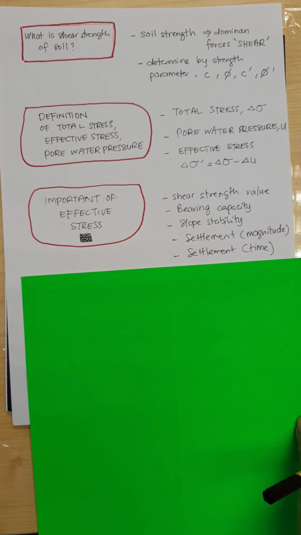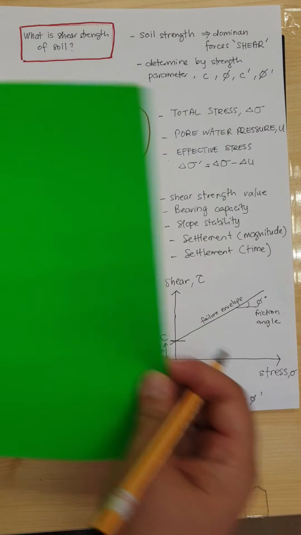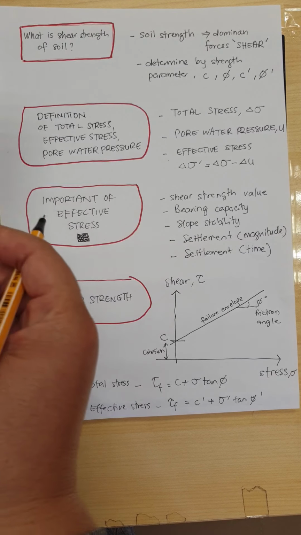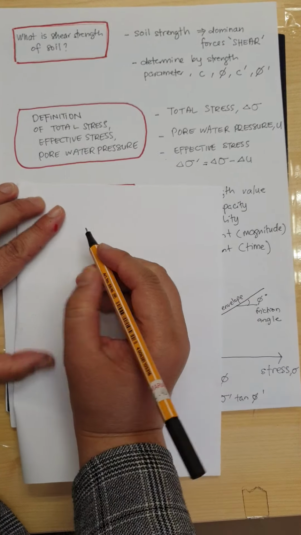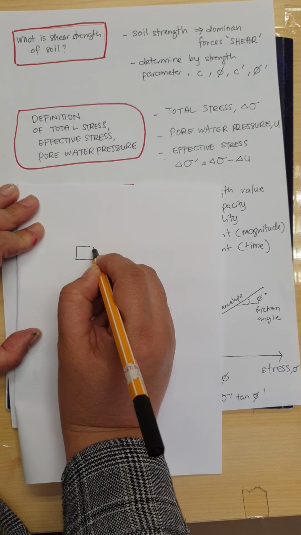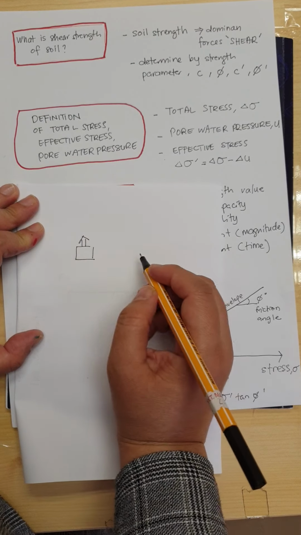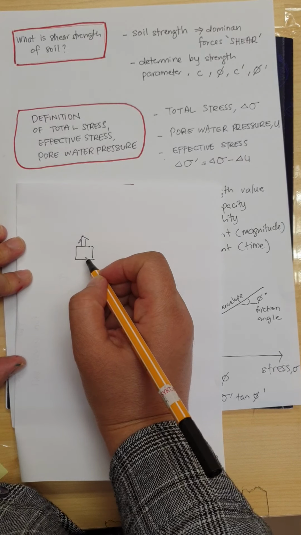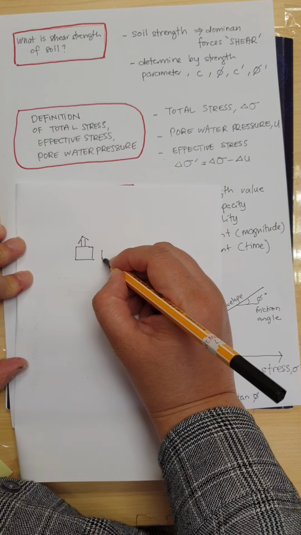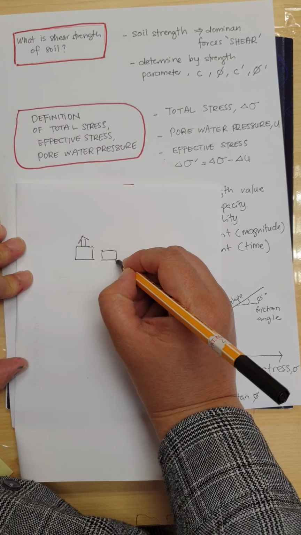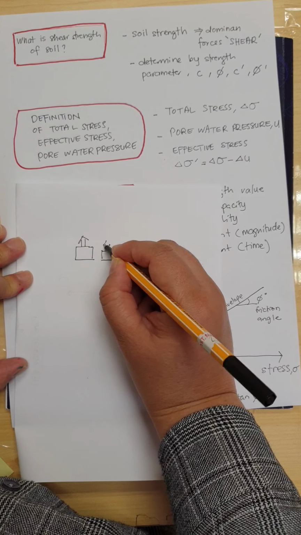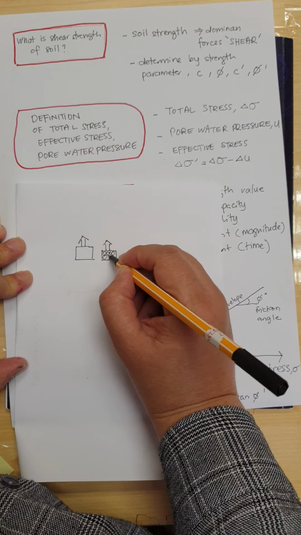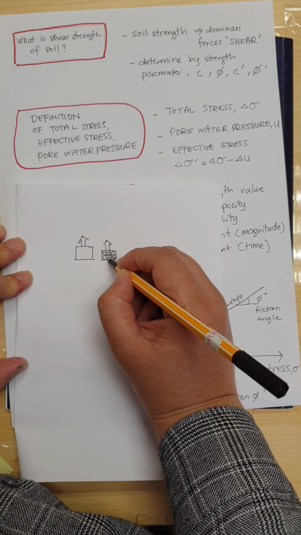Settlement is the amount the soil will settle. How to describe settlement? This is settlement. You have your soil, and then you put your building. Because we know that you have solid and you have pore water pressure inside there, over time all the water will drain out, and only soil will remain there, no more pore water pressure.